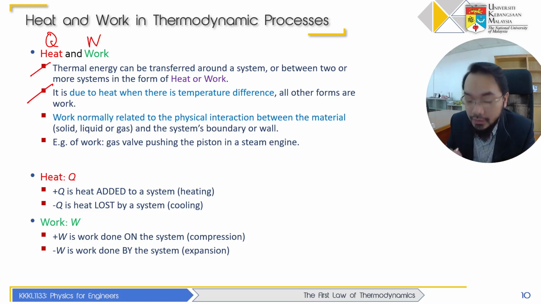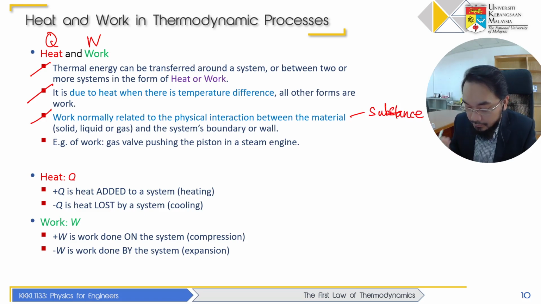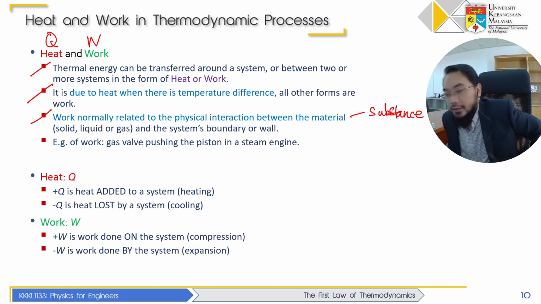Work is normally related to the physical interaction between the material or substance, solid, liquid or gas, and the system's boundary or wall. For example, gas pushing the piston in a steam engine. That's how you convert thermal energy into mechanical work.